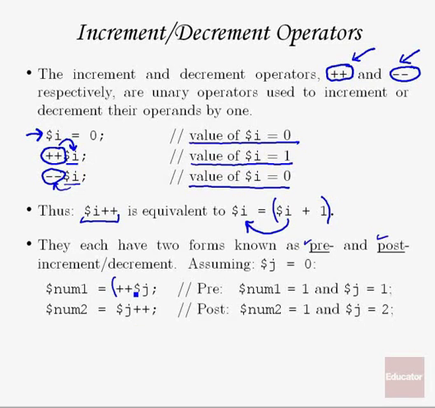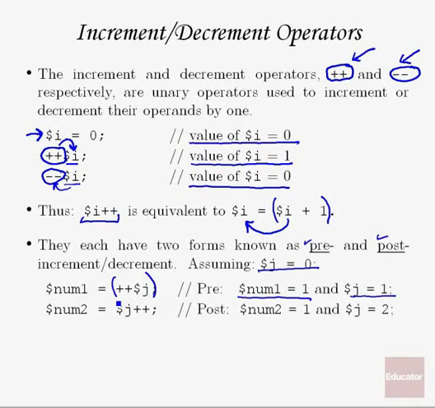With the pre-increment operator, the value of the expression plus plus j is the value of j after it's been incremented. If we assume j is 0 to start off with, and then we use the pre-increment operator and set num equal to it, j is going to be equal to 1 because it's been incremented, and num is also going to be equal to 1.